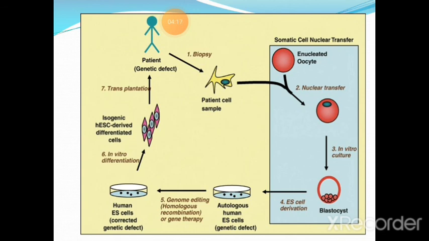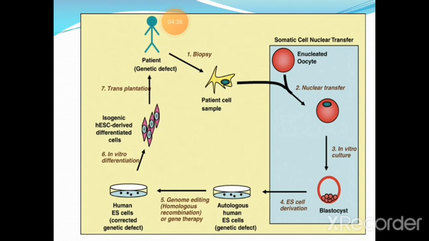The oocyte with the patient's nucleus containing the non-functional gene is cultured in vitro, and you will get a blastocyst, an early stage of the embryo. From the blastocyst, you can retrieve embryonic stem cells which are totipotent, meaning they have the potential to differentiate into any type of cells.